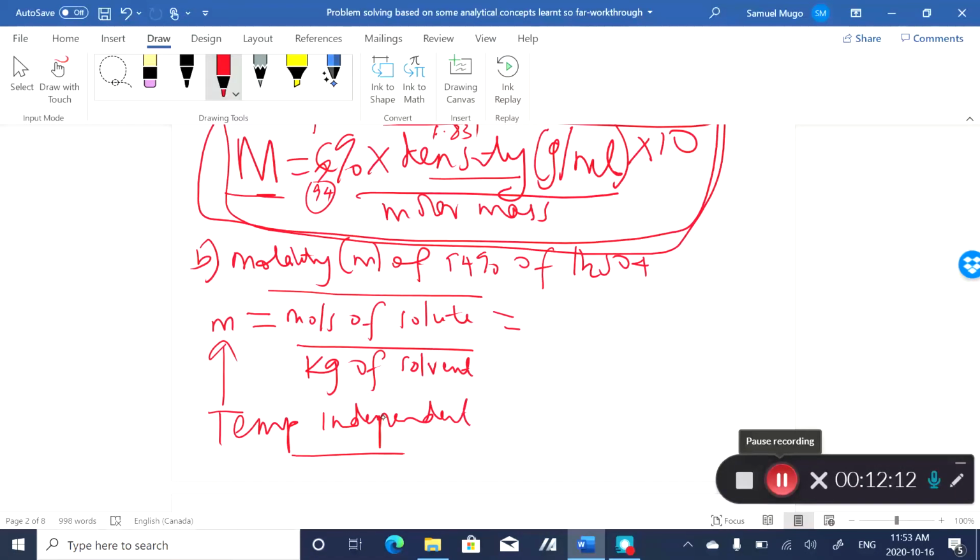And so the moles of the solute, in this case, for 94% sulfuric acid, I've got 94 grams of sulfuric acid divided by the molar mass, which is 98.08 grams per mole. And so that's the number of moles. And then I divide everything by the kilogram of the solvent, which, remember, would be 100, that's the percent, that's the total, minus the 94.